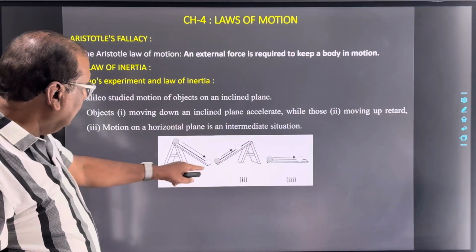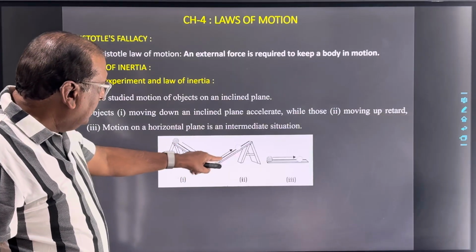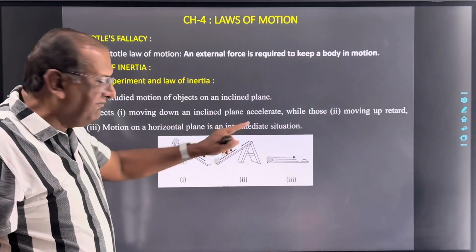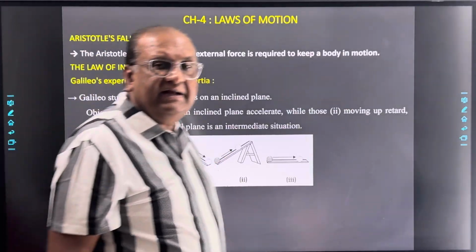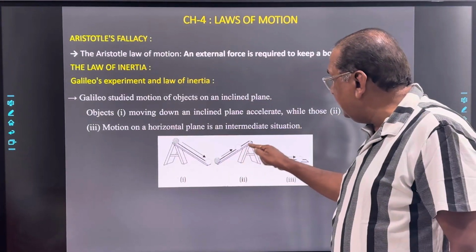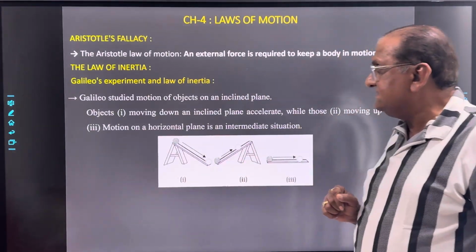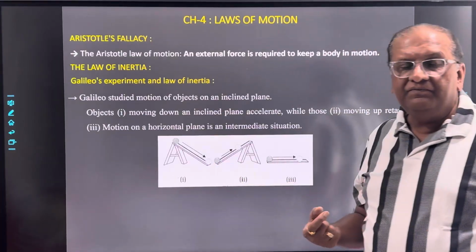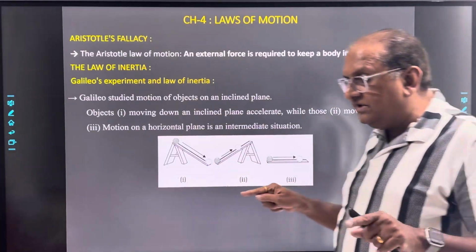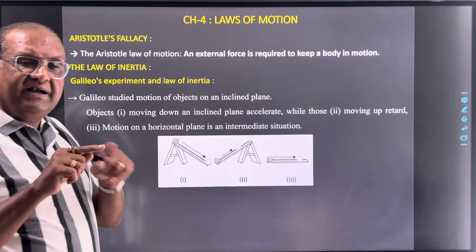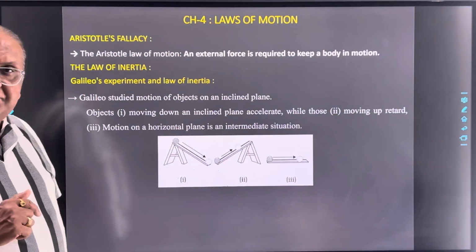Then on the opposite inclined plane, when it moves in the upward direction, it retards, meaning its velocity continuously decreases. Now here in between these two, motion on the horizontal plane can be treated as an intermediate situation.